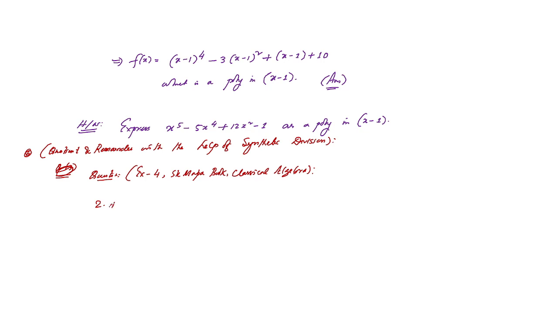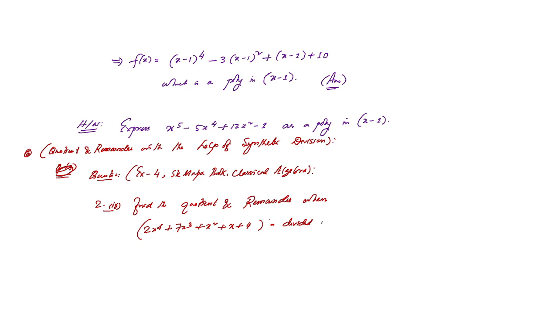So this is 2-1. What is asked? Find the quotient and remainder when 2x to the power 4 plus 7x cube plus x square plus x plus 4 is divided by 2x plus 1.